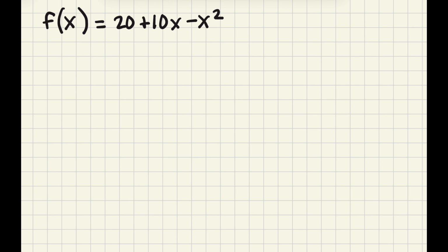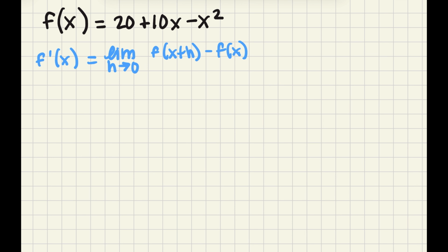Okay, so remember the definition of a derivative is f prime of x equals the limit as h approaches 0, f of x plus h minus f of x over h.